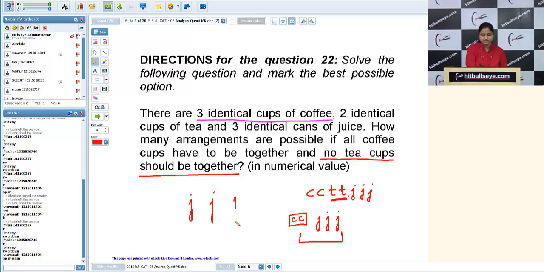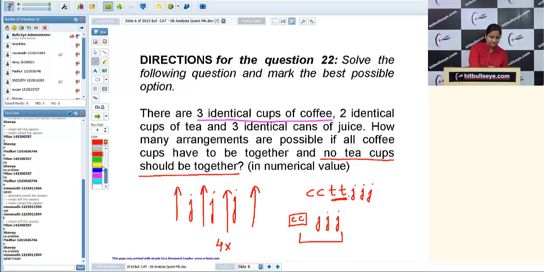See, these are juices. 2 coffee cups can be arranged here or here or here or here. So how many possibilities? 4 possibilities. Can I say this? For coffee cups, there are 4 possibilities. I'm considering one of them. Let my arrangement is C, C, J, J, J, where all the coffee cups are together.